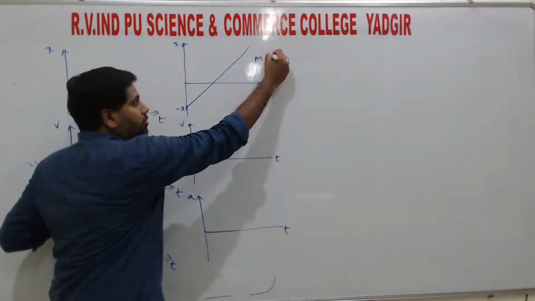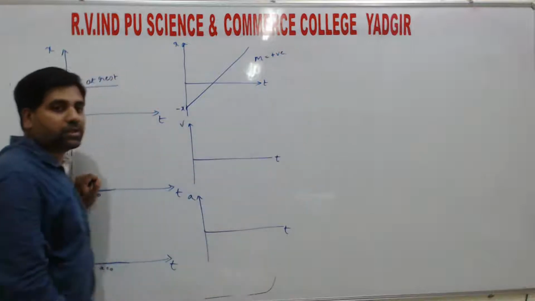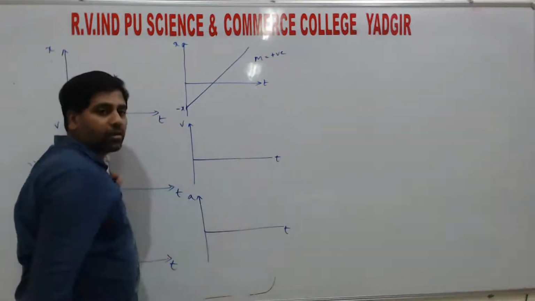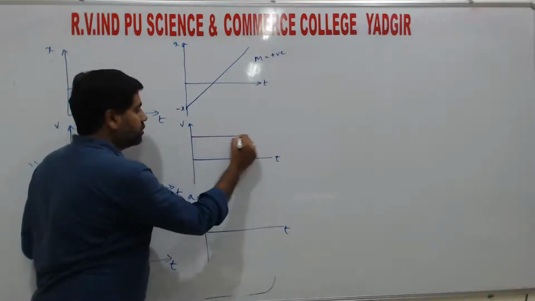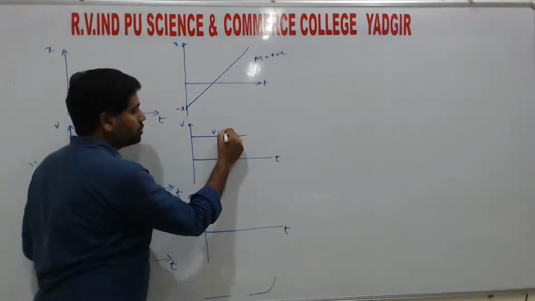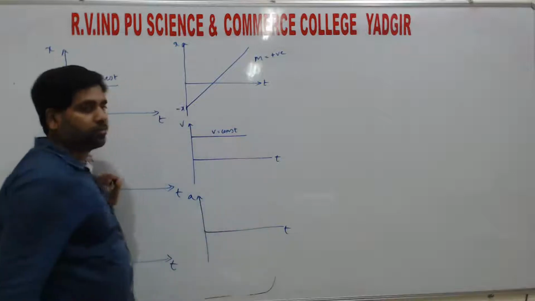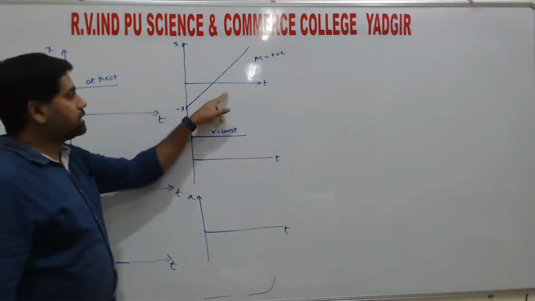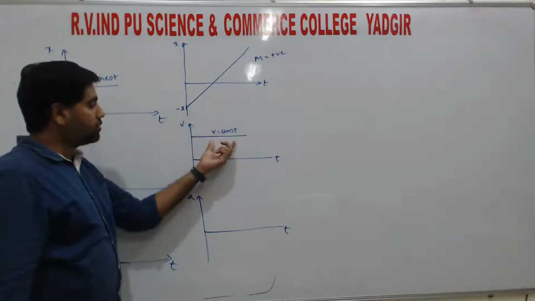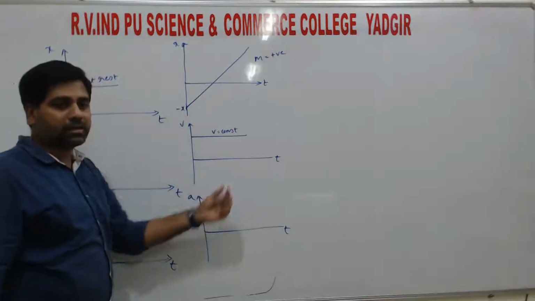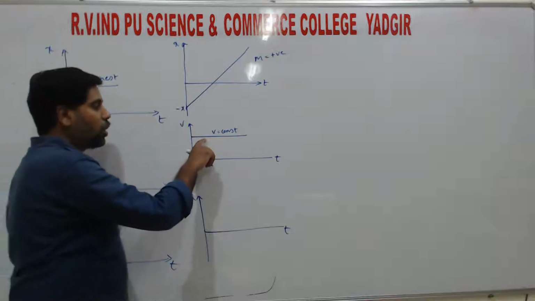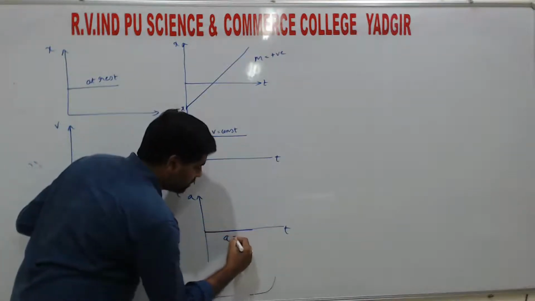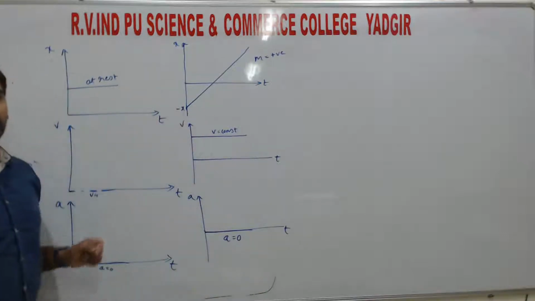That is, m is positive. So m is positive is nothing but velocity is positive. That means the object is moving with constant velocity, right? So here v is equal to constant. So if the graph XT is in this form, then the velocity graph is always parallel to the x-axis, right? So the object is moving with constant velocity, then again acceleration is zero, right?